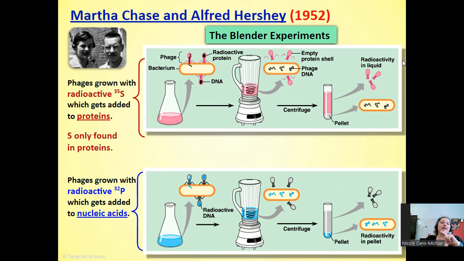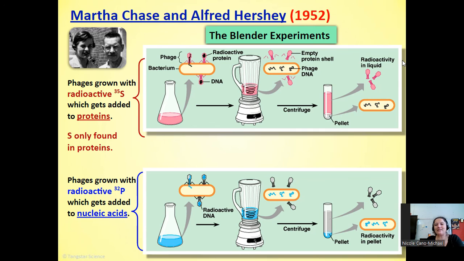However, when they infected the viruses with radioactive 32P, radioactive phosphorus, the radioactivity got added to the nucleic acid. So what happened? Same experiment, right? They put it in a blender to shake the protein coats off. They spun it in a centrifuge to separate the liquids from the solid pellet. And again, that pellet is the bacteria.